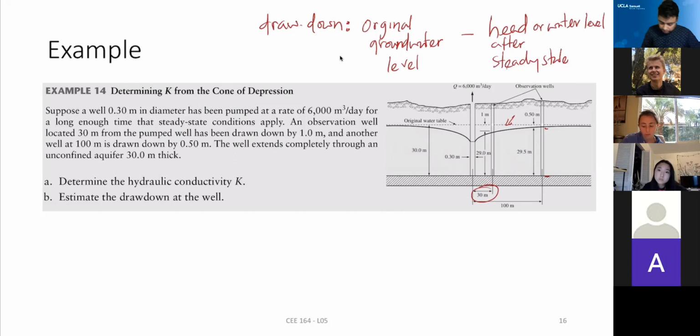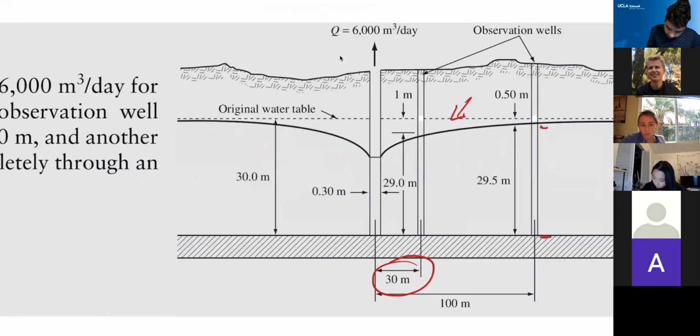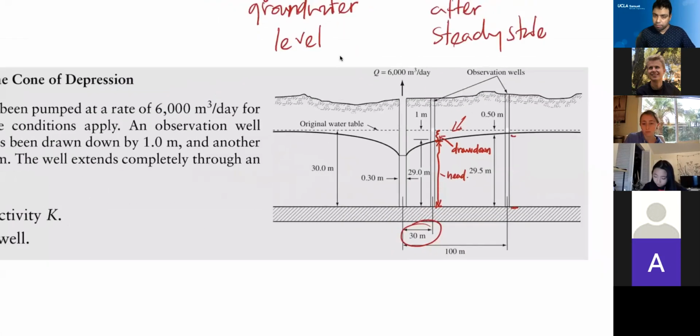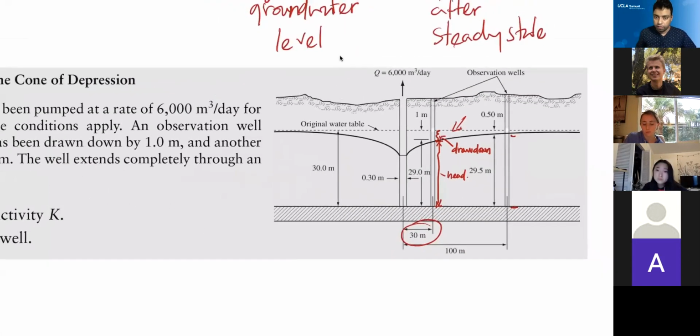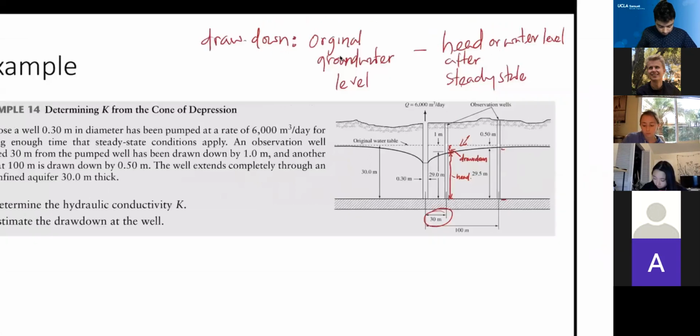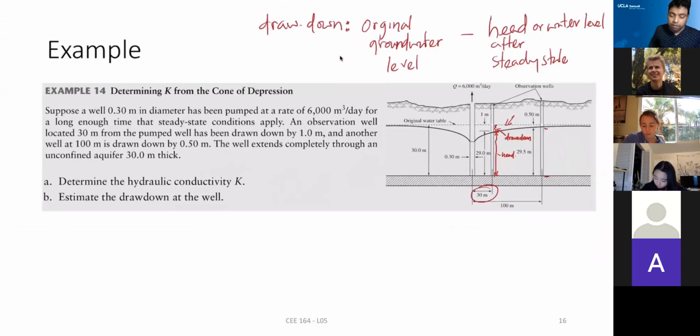In this case, the drawdown is this, and this is the head or level after the pumping starts. So the drawdown is the difference. That means if you know the original water table and you know the drawdown, you can calculate the head. That's all it means.